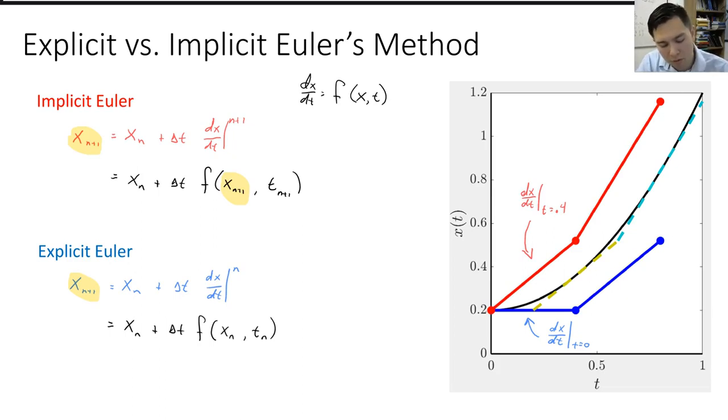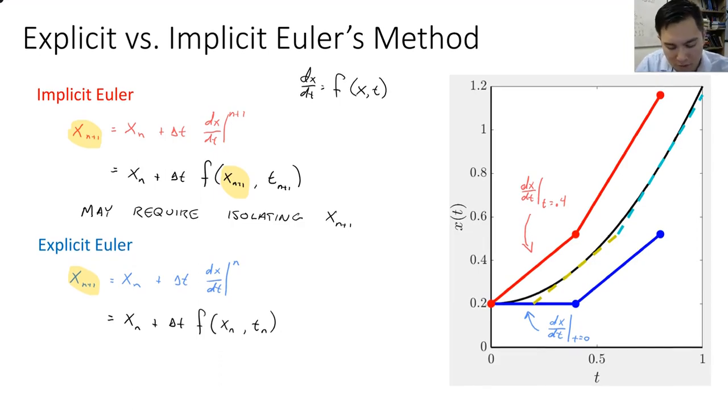Implicit Euler comes with potentially unknowns on the right-hand side. And so for that reason, this may require isolating our x of n plus 1 value so that we have an equation that we can use to determine what the next state should be.